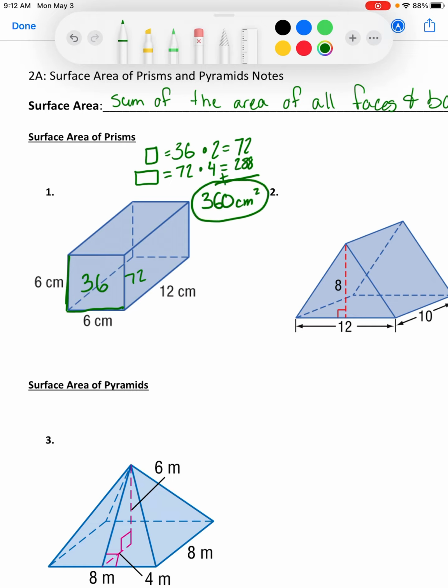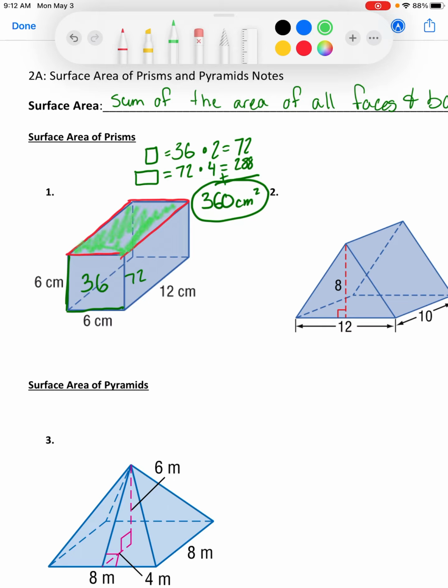An important point here is when you're labeling these, make sure you do use that squared sign, because we are not talking about linear feet. We're talking about square feet. Linear feet would be like this red line here. Think about measuring a string or anything like that, whereas square feet would be where we're measuring this area.